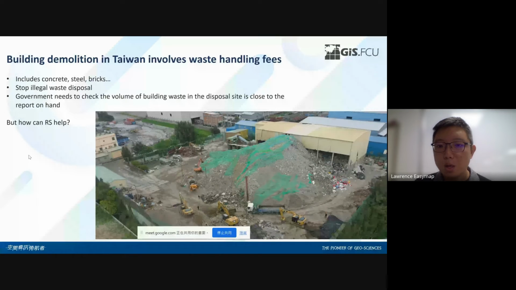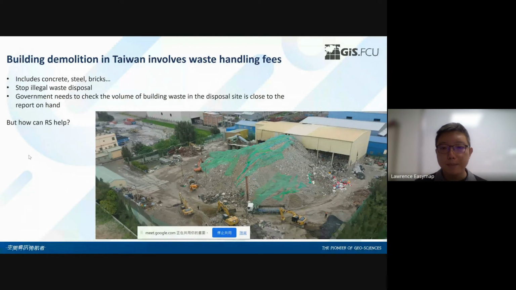Therefore, some people just don't want to pay the fee, and when they demolish the building, they dispose of the waste at waste areas secretly. So the government wants to use new technology to analyze how much waste there is in the disposal site, and how much disposal is supposed to be in their records.